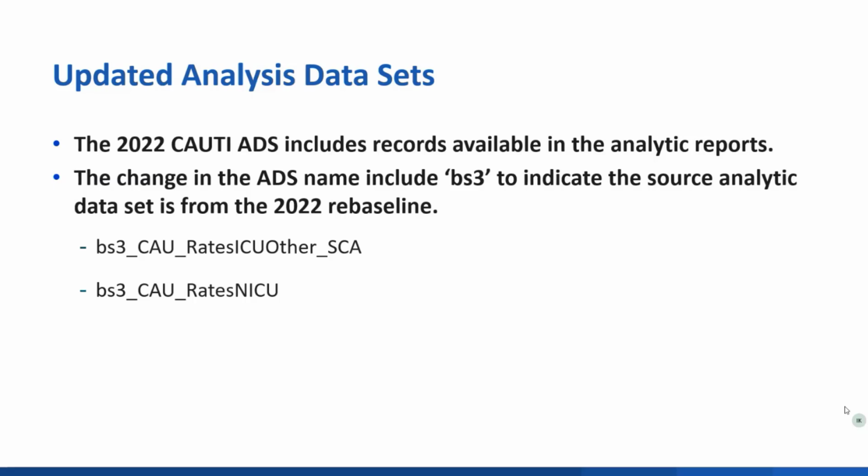For example, for ICU rates and others and specialty care area locations, you'll see that prefix of BS3. Same for the NICU rates, you'll see that prefix of BS3. So these changes help to ensure clarity and consistency when using and referencing some of these updated analysis data sets.